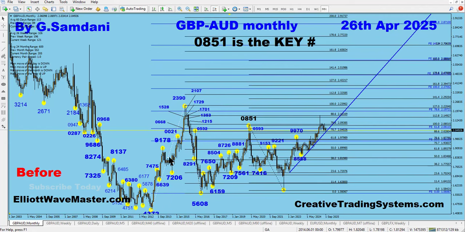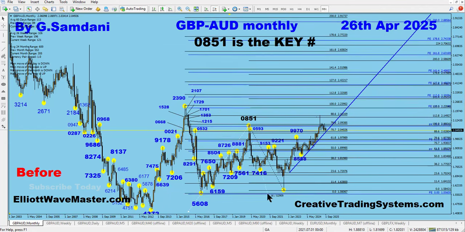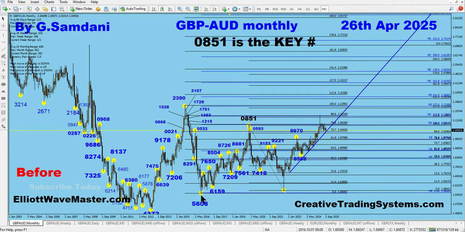Now, if I pull the same fib in this area, you can see that 127 is coming to this 100%, and then 161 of extension and 161 of expansion, and then 127 of this. So this is the area that I see coming again and again in the picture.